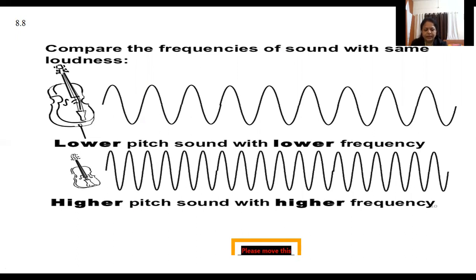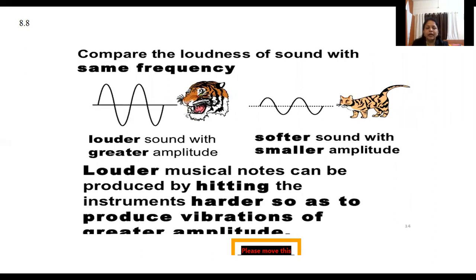So as compared to the guitar, the bass guitar gives the lower pitch. Now we can also compare the loudness of sound with the same frequency. Though these two have the same frequency, see here the number of vibrations is the same, but the amplitudes of both are different. By that we can hear the sound of a tiger is louder than the cat.